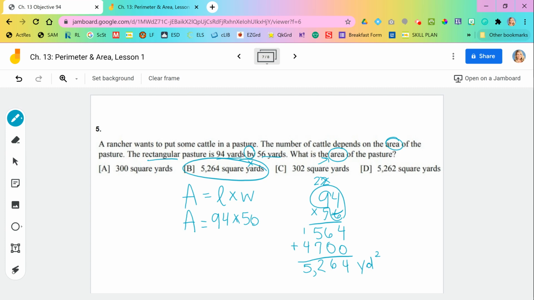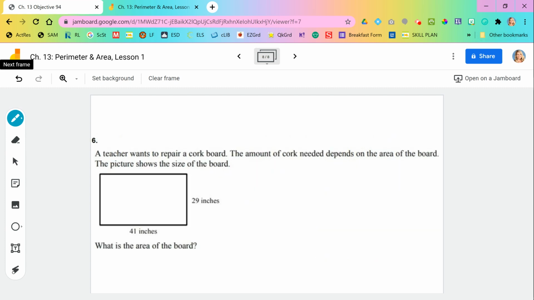All right. Last one. A teacher wants to repair a cork board. The amount of cork needed depends on the area of the board. The picture shows the size of the board. So here's my size. What is the area of the board? So it is literally asking me what is the area. So hopefully we know I have to use my formula for area.